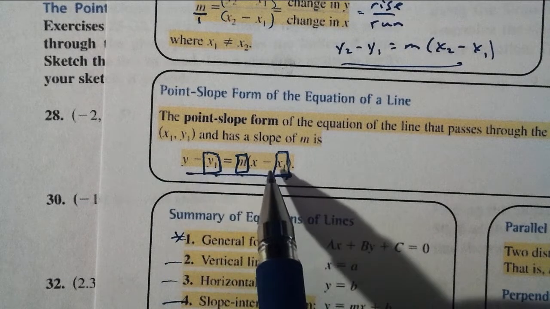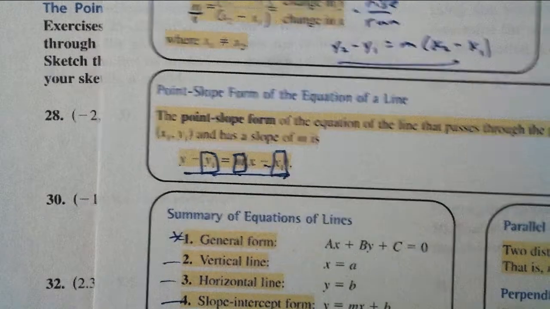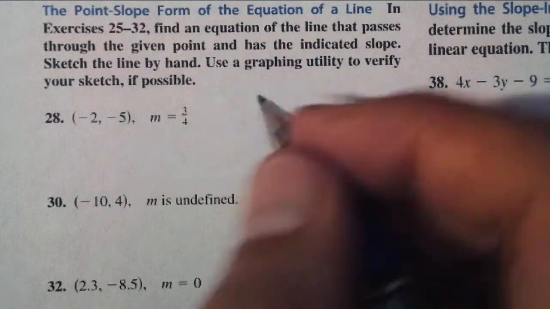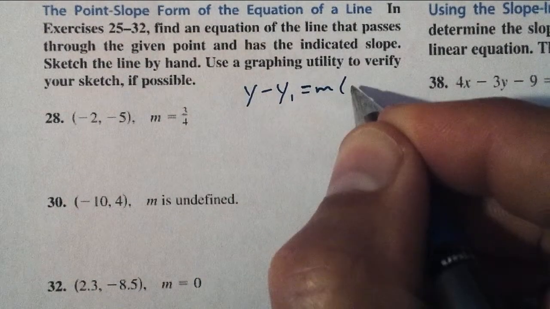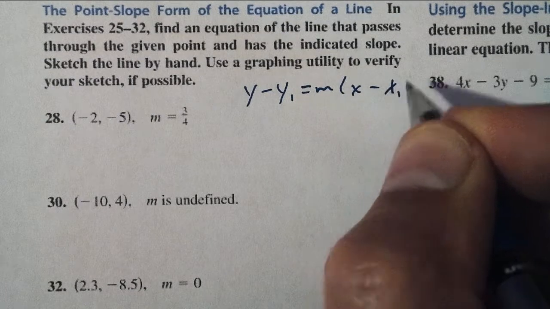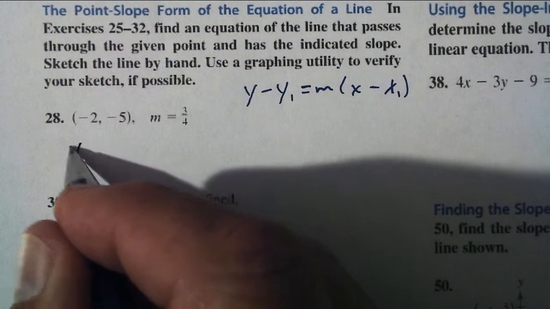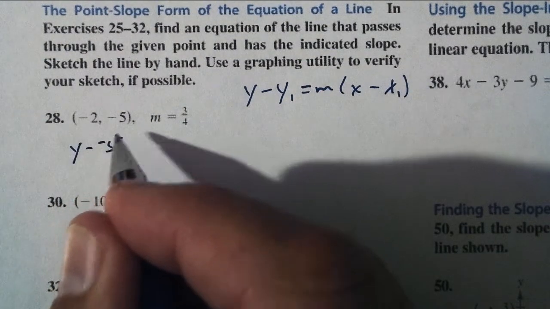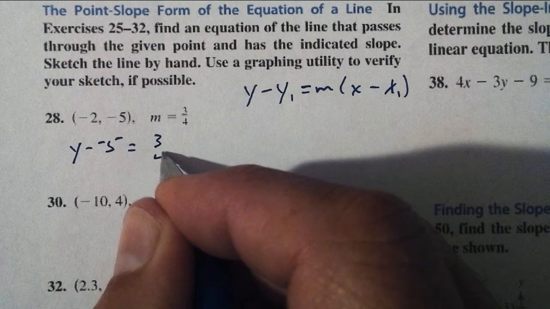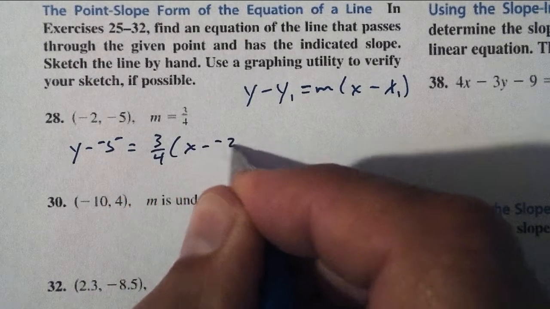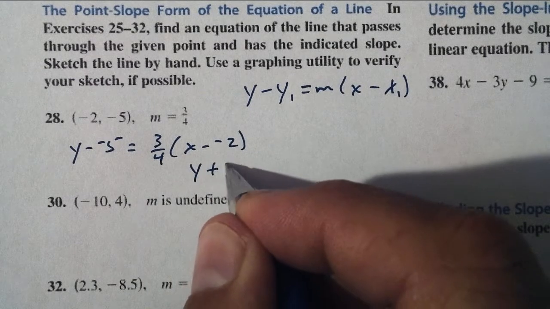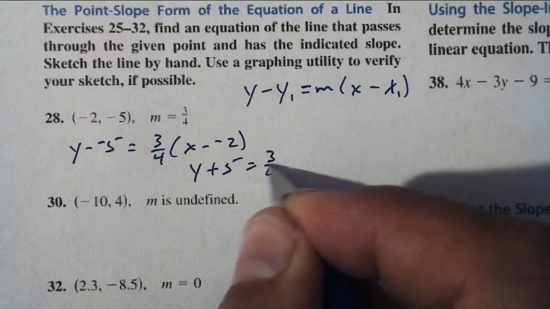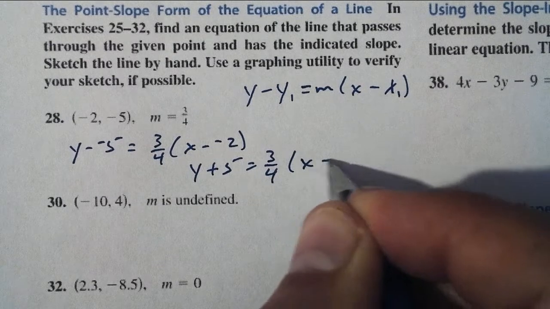So this becomes y minus the y coordinate equals slope times x minus the x coordinate. And you might have done this in just one step. Recognize that's y plus 5 equals 3/4 times x plus 2.